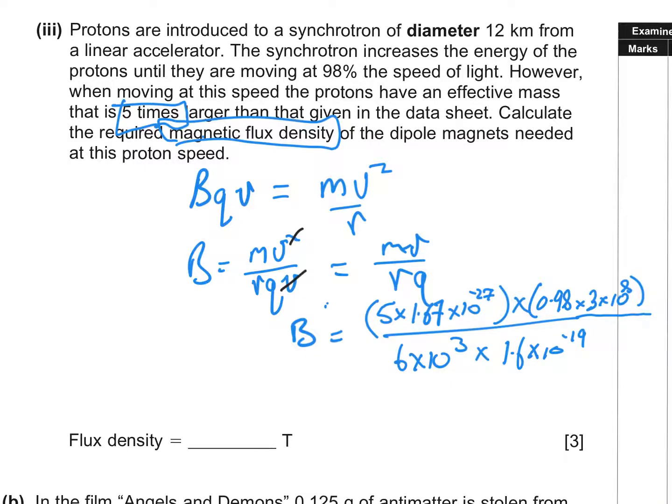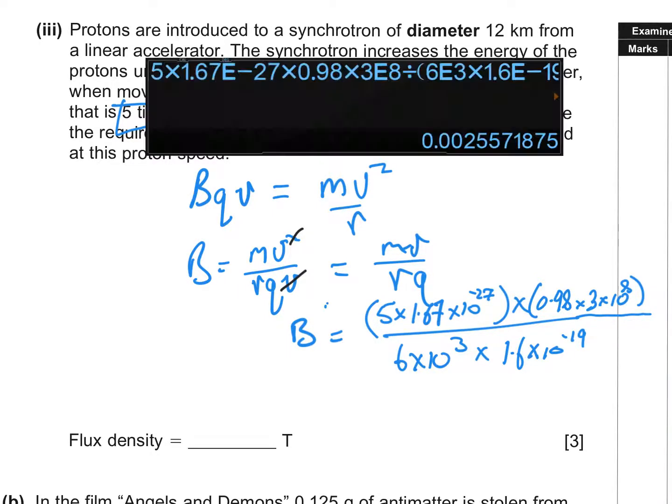Now we just need to feed that through the calculator to get the B value in Teslas. And to three significant figures, that's going to be 2.56 times 10 to the minus 3 of a Tesla.